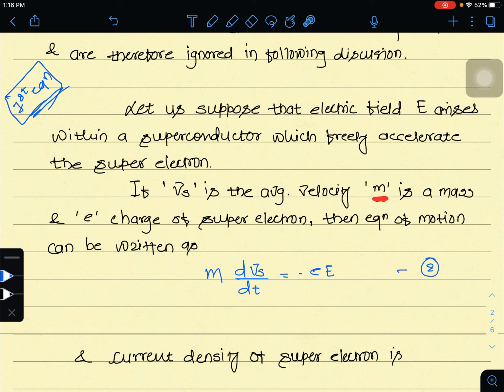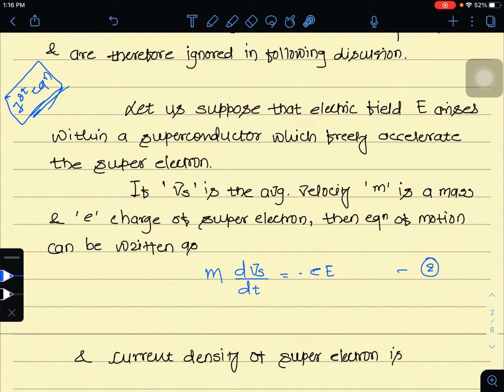Now m is the mass of that electron, and e is the charge present on that super electron. Now let us write the equation with the help of the equation of motion.